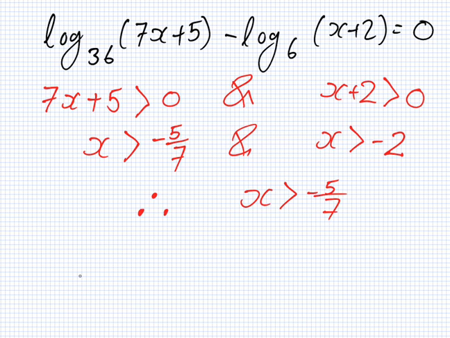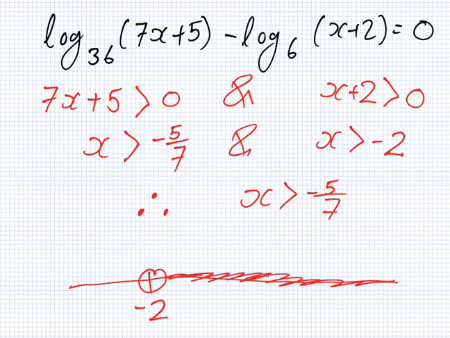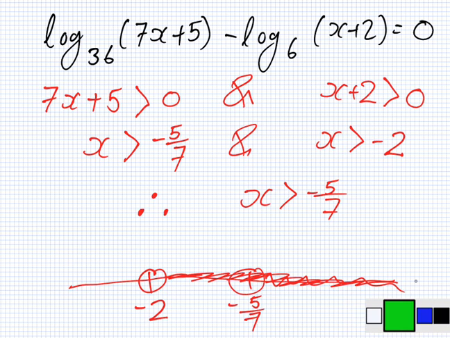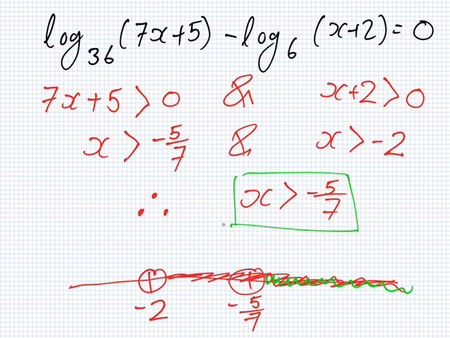If you look at the number line, you want x to be bigger than minus 2, and you want x to be bigger than minus 5 over 7. The only way both of those things can be true at the same time is if x is bigger than minus 5 over 7. So whatever answer I get, it must be bigger than minus 5 over 7.